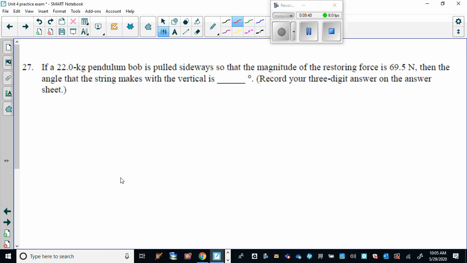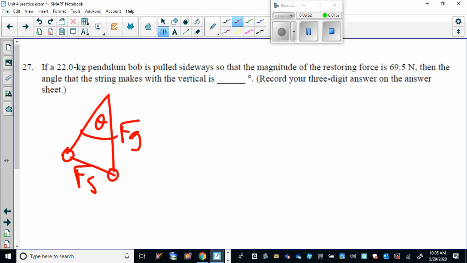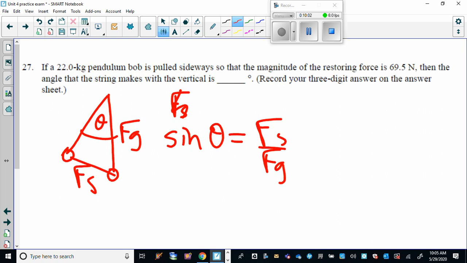Again, 27 is not one that I'm going to go over with great detail. It's a restoring force question, pendulum here, restoring force, angle, which turns out to be what they're asking for. Fg here, the restoring force, well, let's write it out. Sine theta equals the restoring force divided by Fg.